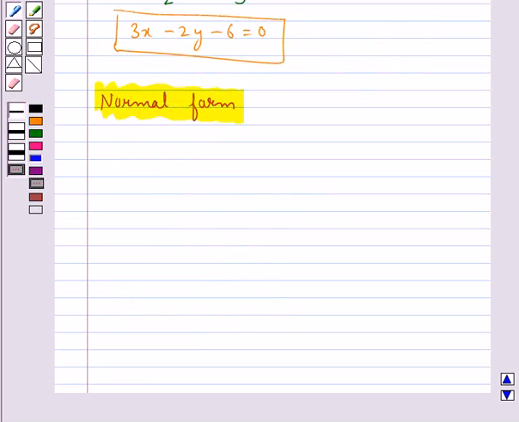Next we discuss normal form of the equation of a line. We have a non-vertical line, and suppose that we are given the length of the perpendicular, or we can say normal, from origin to this line and angle which the normal makes with the positive direction of x-axis.